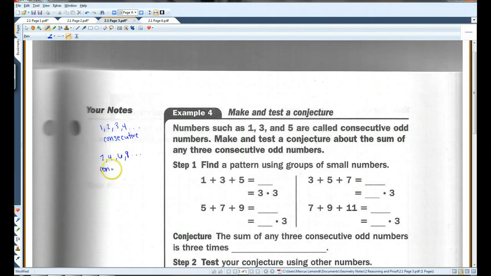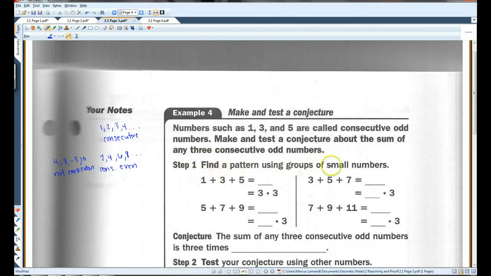These would be consecutive even numbers. So 1, 3, 5 are consecutive odd numbers. If I were to just pick random numbers like 4, 8, -3, 10, these are not consecutive. So consecutive means they come one right after the other.